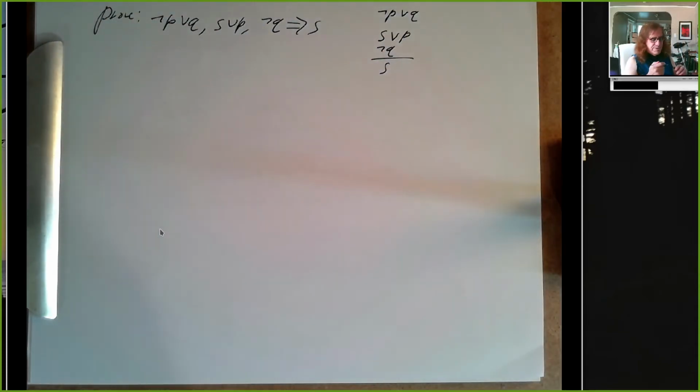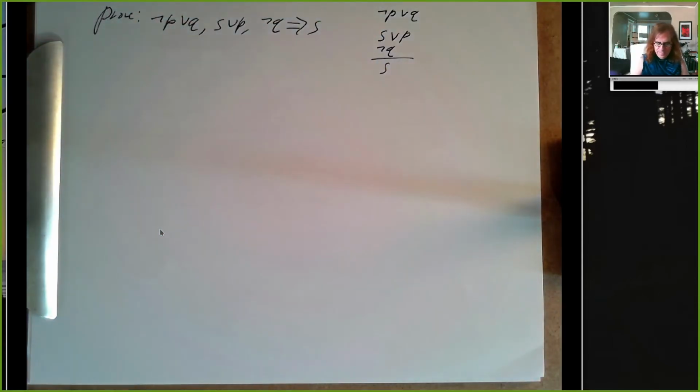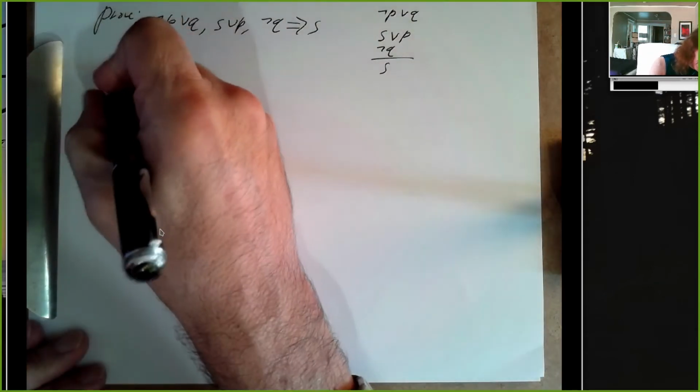So this is a theorem that given this and this and this, we can conclude that. Okay, so let's do a direct proof.